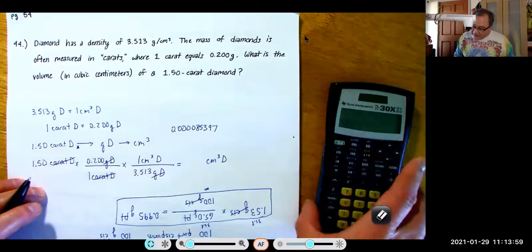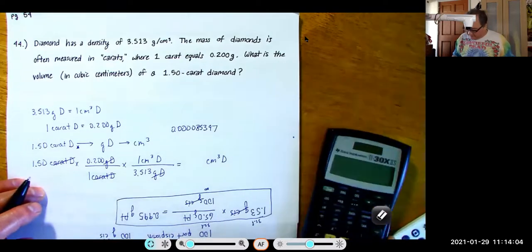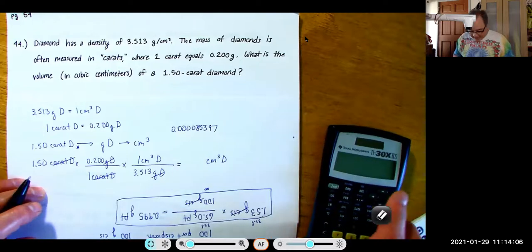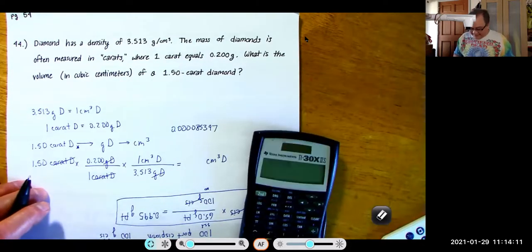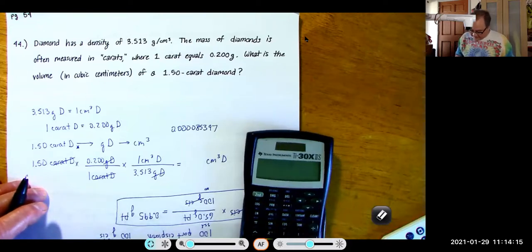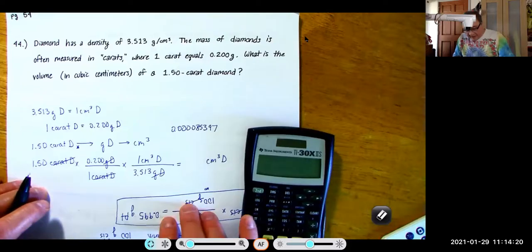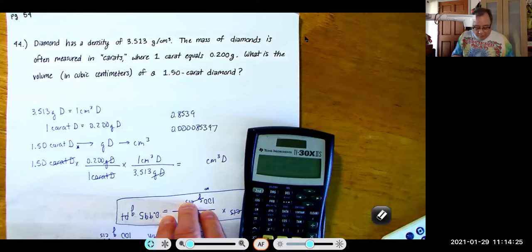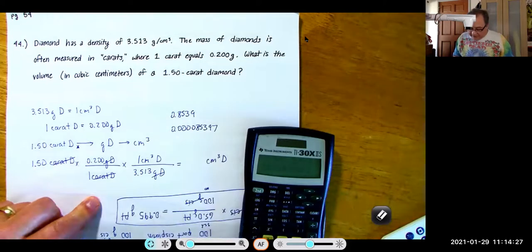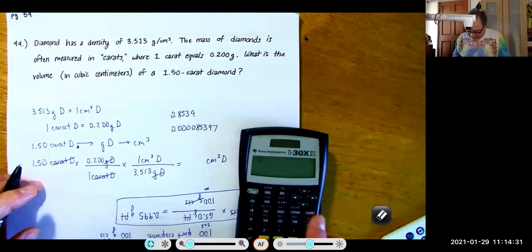And when I look back, I see, oh, I didn't put the decimal in the 3.513. So I'm going to go back and fix that. I mean, this is a real-time mistake that I did. Make sure I get that decimal in. And now my calculator says 0.8539. And I said the answer should be around 0.1. So another real-time mistake. I didn't put 0.2. Jeez Louise.